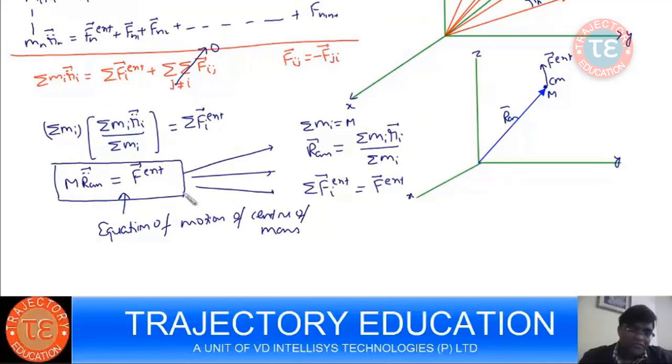This will help you find out how the position of the center of mass varies with time, and once you get the motion of the center of mass, the overall system will be here and there about that center of mass itself. So this is the equation of motion of the center of mass. We write it as M R_CM double dot equals Fext.